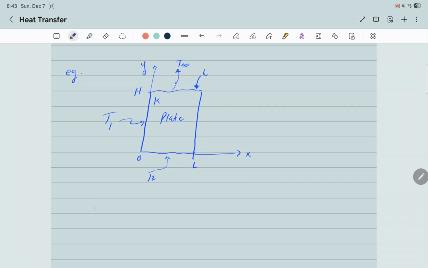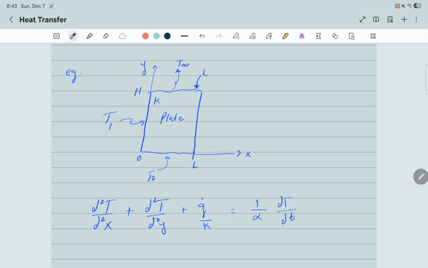If I remember correctly, the heat diffusion equation is the second derivative of temperature with respect to x plus the second derivative of temperature with respect to y plus q dot over k equals 1 over the thermal diffusivity times the derivative of temperature with respect to time.